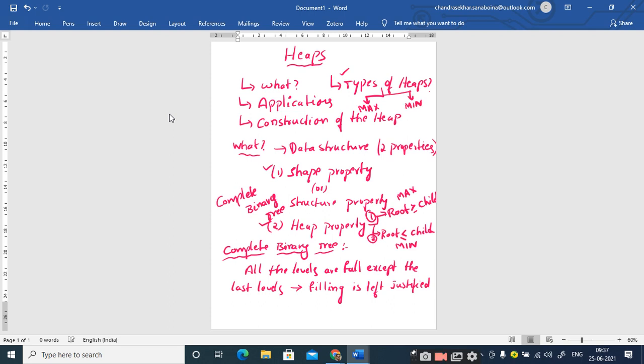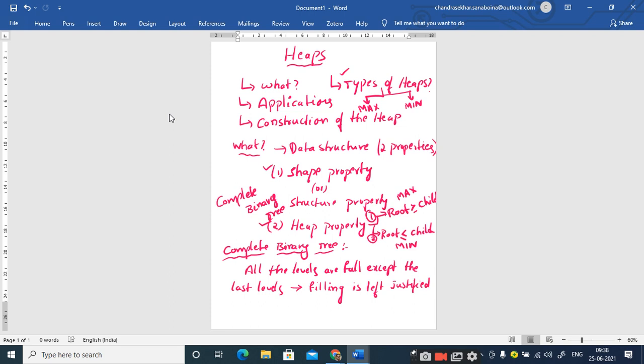So these types of heaps we got from the heap property. So the heap property says that the root node should be either greater than or equal to the child nodes, or the root node should be less than or equal to the child nodes. So if it is satisfying root node is greater than or equal to child nodes, we call it the max heap, and if it is satisfying the second property, that is the root is less than or equal to child, we call it the min heap.